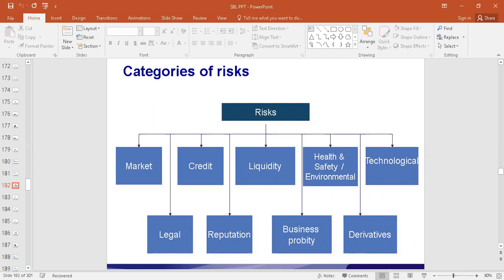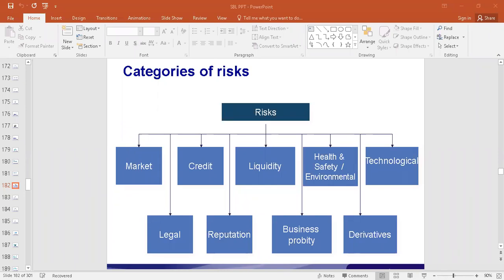Next one is derivatives. I'm assuming that you know what derivatives are. If you don't know, I will not be telling you now what a derivative is. See, a derivative is a financial instrument used when dealing with losses, to minimize the losses that can happen when they enter into agreements.